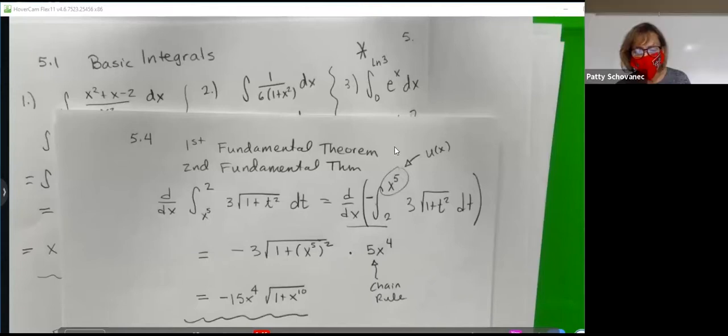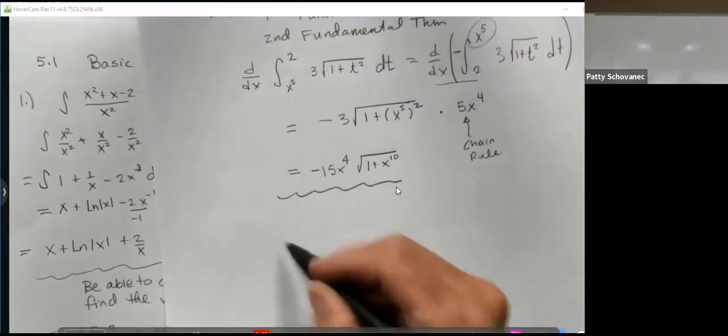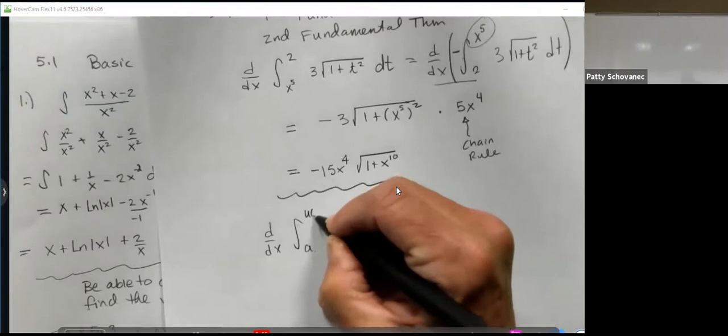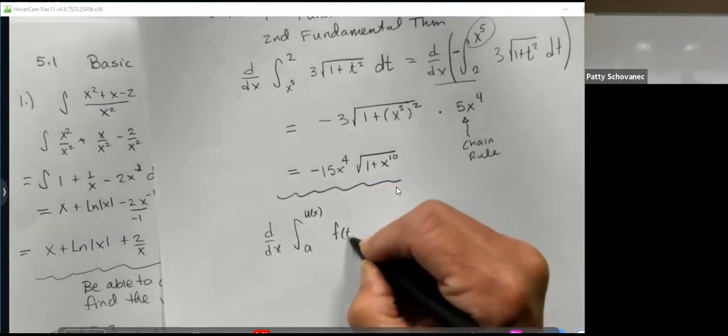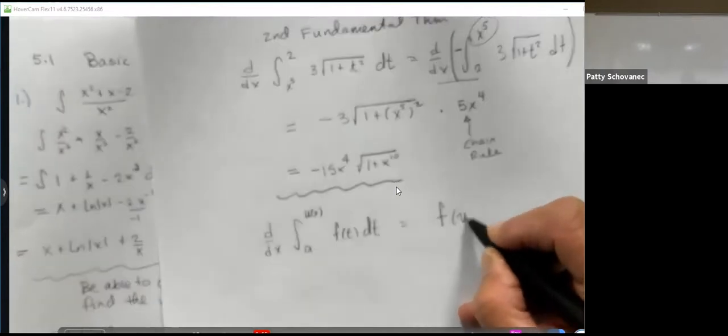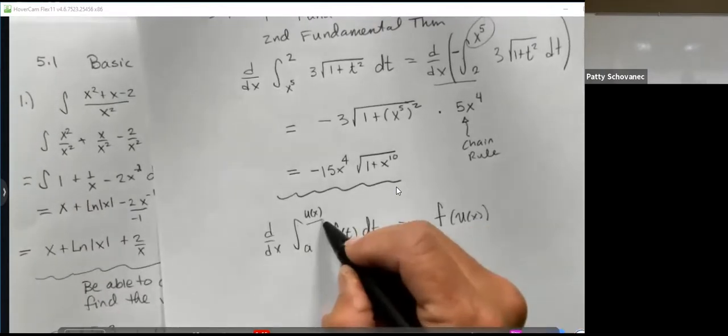No, you're taking the derivative of this right here, not this. You're taking the derivative of the limit. The second fundamental theorem of calculus says that the derivative with respect to x of a constant to a function of x of some function of t dt will give you the integrand as a function of x times the derivative of this.